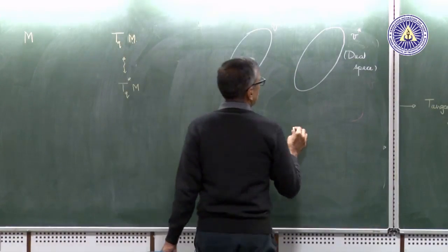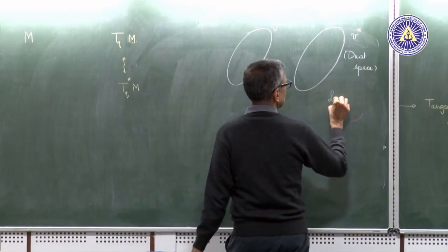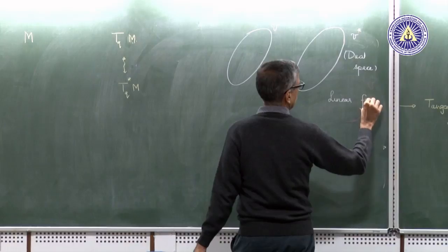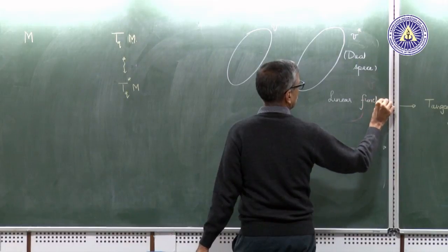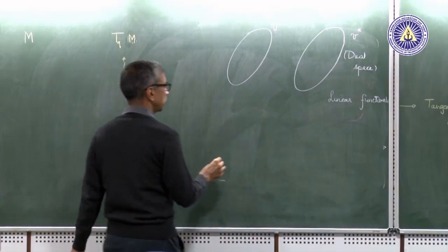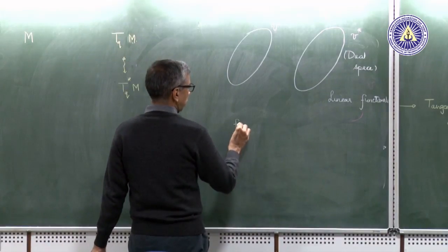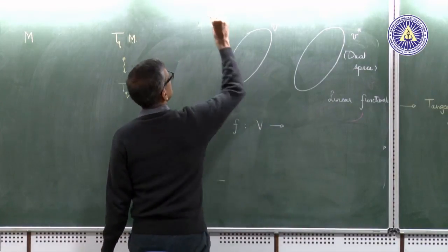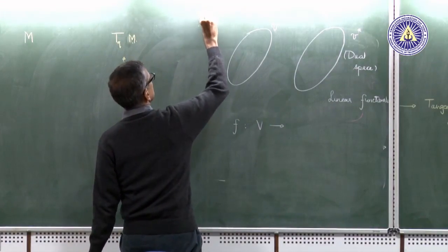It consists of all linear functionals, and by linear functionals what do I mean? Basically F takes V to R, since I'm considering real vector spaces.